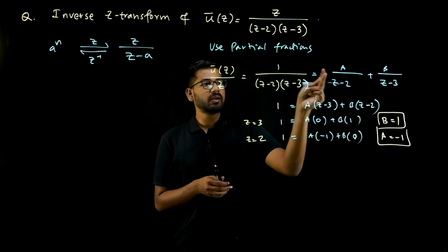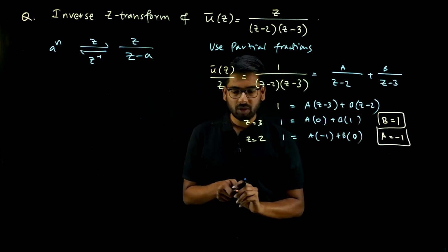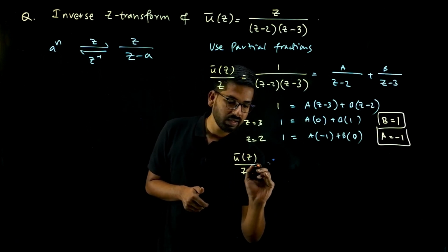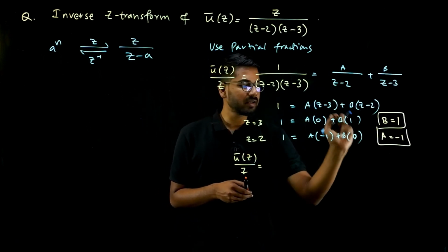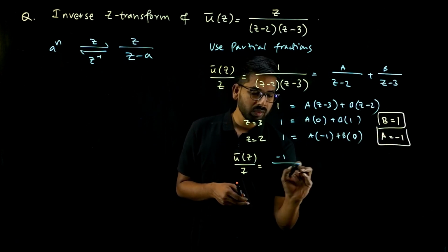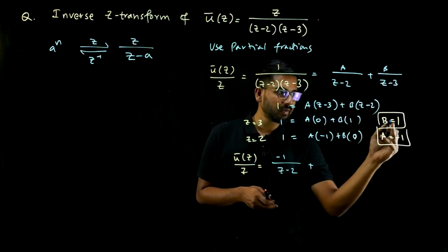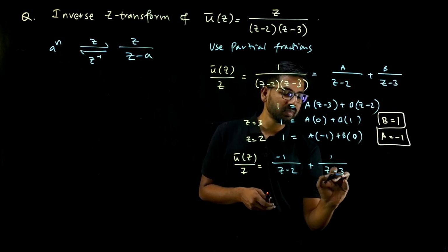If you substitute the a and b values here, U bar of z over z is equal to a over z minus 2, that is minus 1 over z minus 2, plus b over z minus 3, that is 1 over z minus 3.